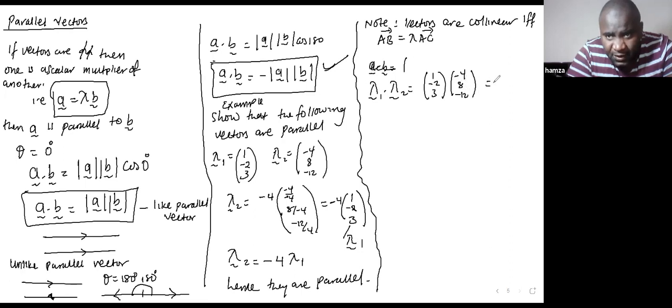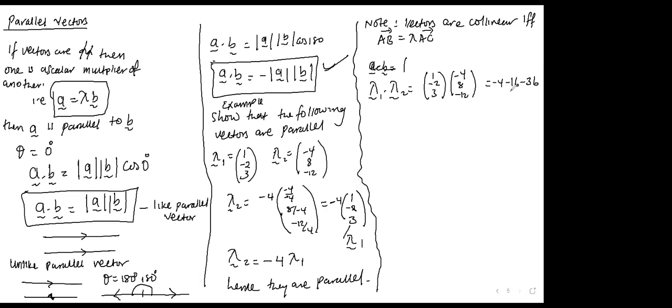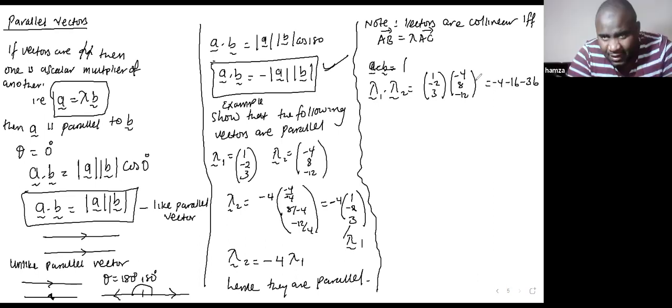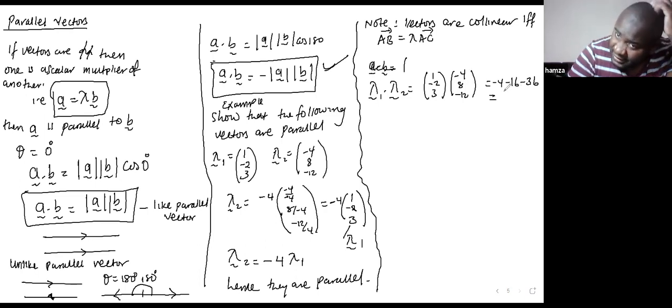This will give me negative 4, minus 16, minus 36. Oh, I used 2 instead of negative 2. Okay, that's where the problem is. So this gives us negative 4, negative 16, negative 36, which gives us negative 56.